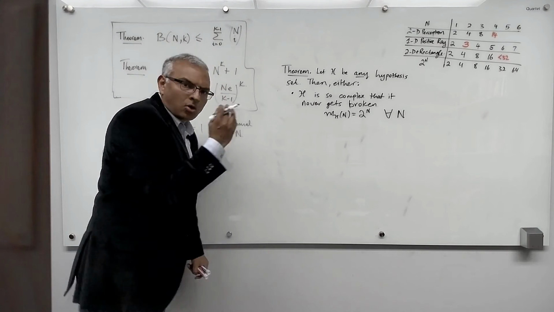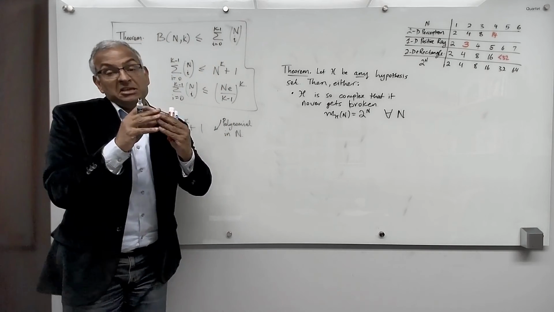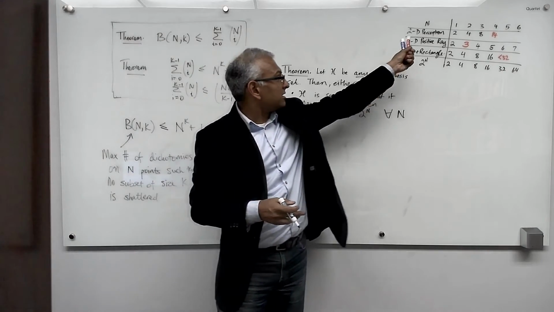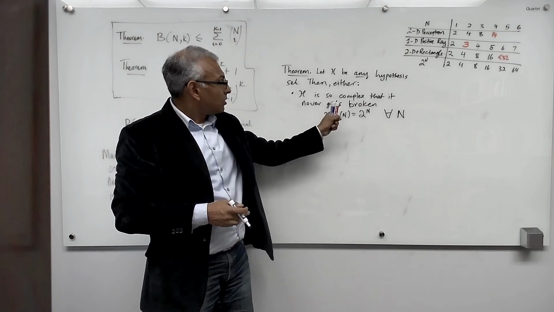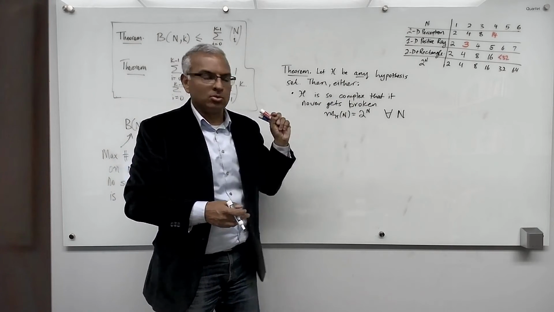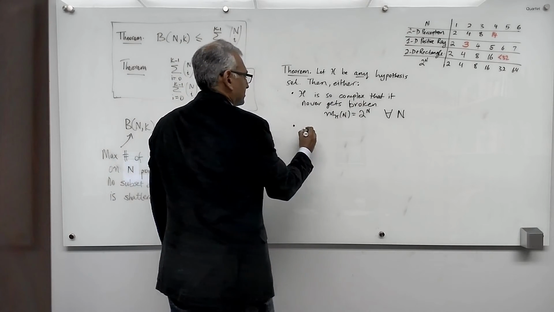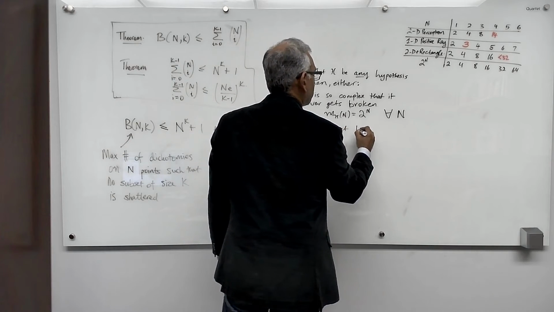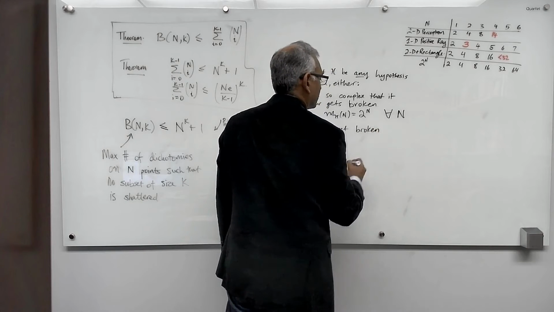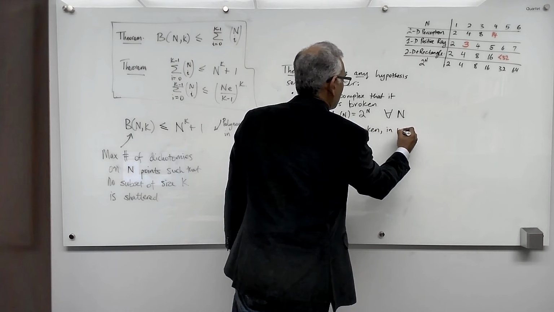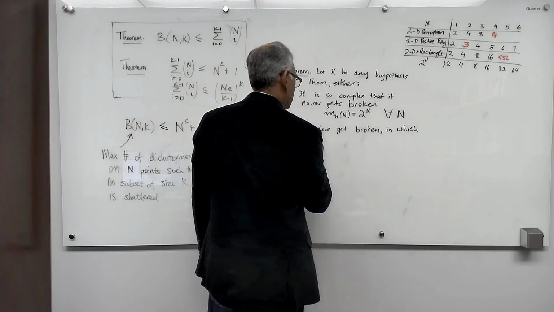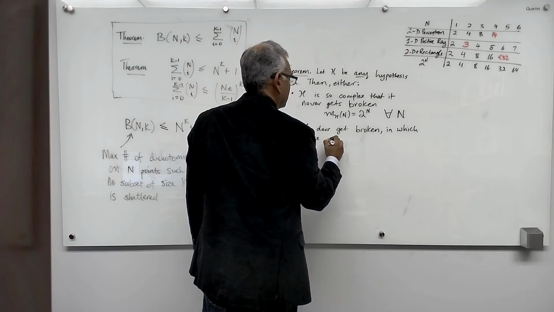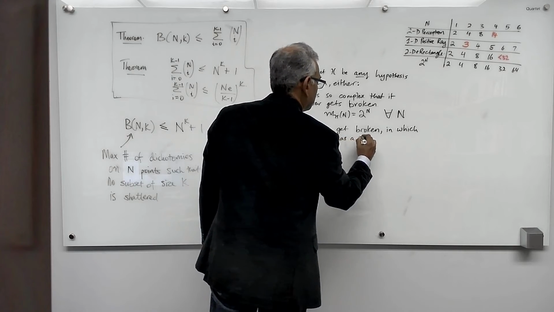Or, while H may be infinite in size or uncountable or what have you, H does get broken. That's the second case. H does get broken, in which case H has a breakpoint.